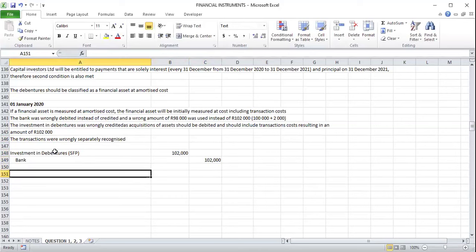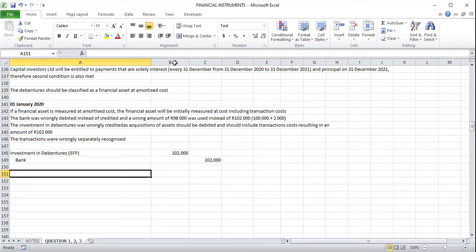This was what was supposed to happen. As long as a financial asset is at amortized cost or at fair value through other comprehensive income, the transaction cost should not be recorded separately. The transaction cost will be part of the investment. Any questions?